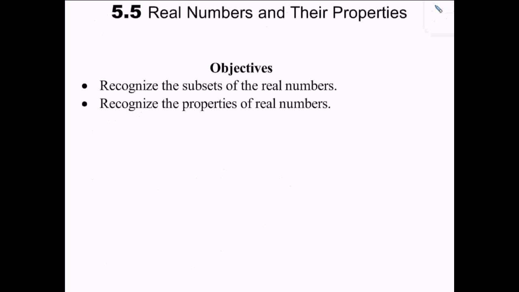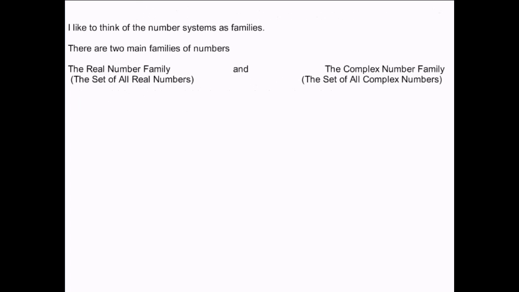Okay, so we're going to recognize the subsets of the real numbers and recognize the properties of the numbers. So we're going to be able to identify what kind of number we're looking at. They're families. I like to think of families. And we have two major families in numbers. We have real numbers and we have complex numbers. We're not going to actually deal with complex numbers in this class, but complex numbers are imaginary.